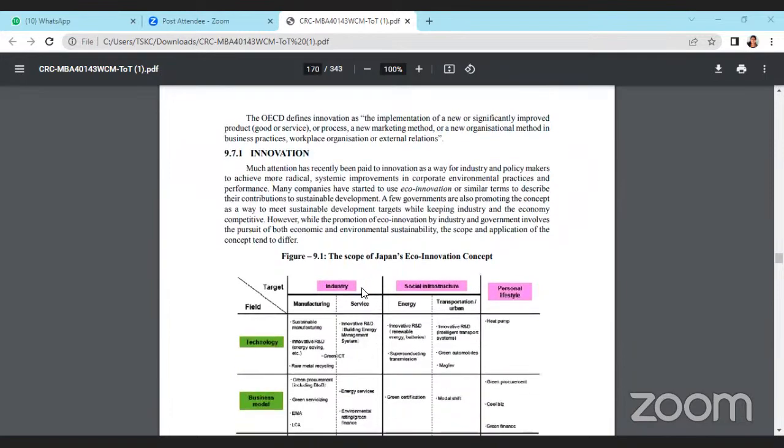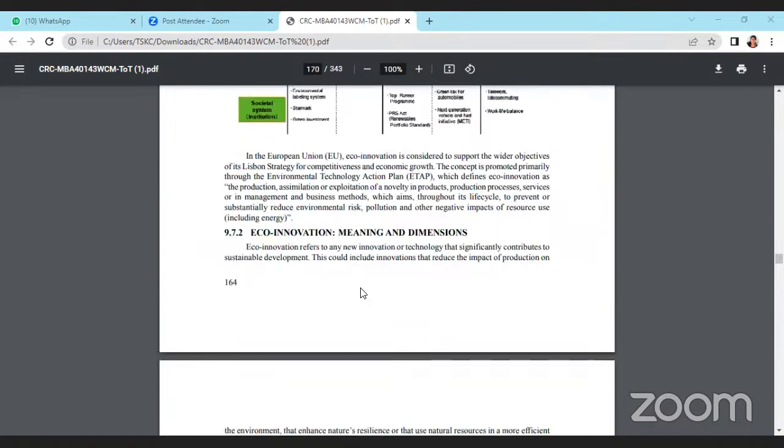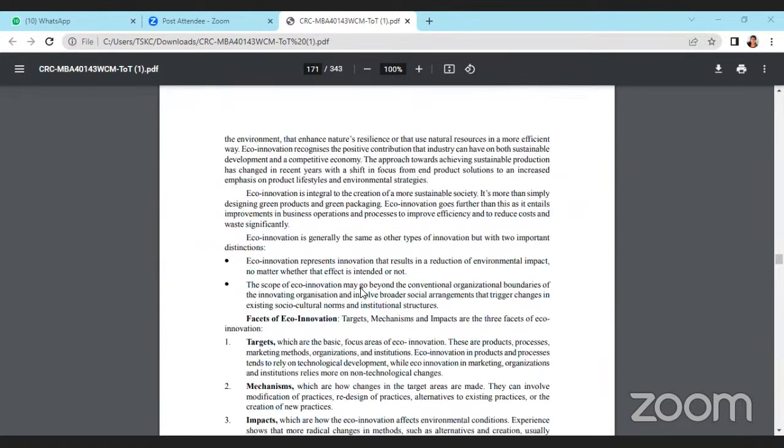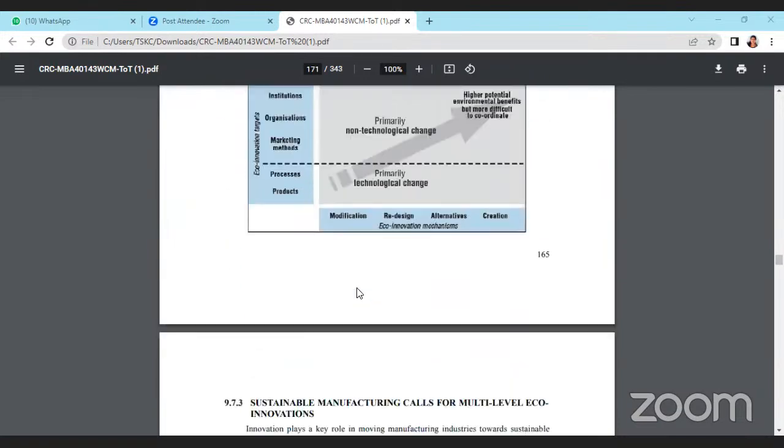And when you look at here, this is the innovation that has been taking place and the different targets.